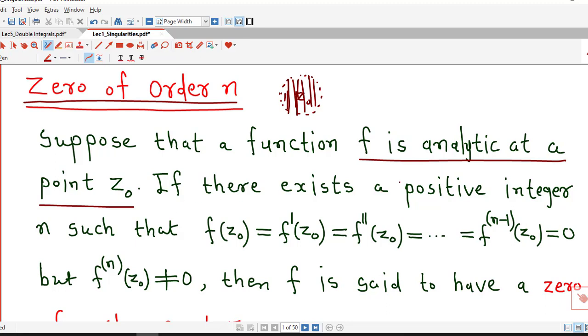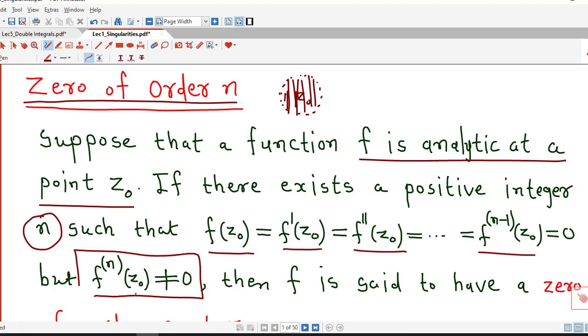Now suppose there exists a positive integer n such that the value of the function at z0 and derivatives of the function at z0 up to the (n minus 1)th order vanish, that is, f of z0 is 0, first derivative at z0 is 0, second derivative at z0 is 0, and so on, (n minus 1)th derivative at z0 equal to 0, and the nth derivative at z0 is non-zero.